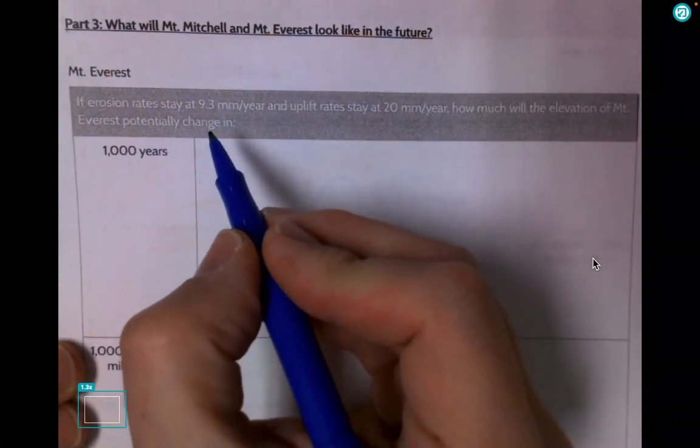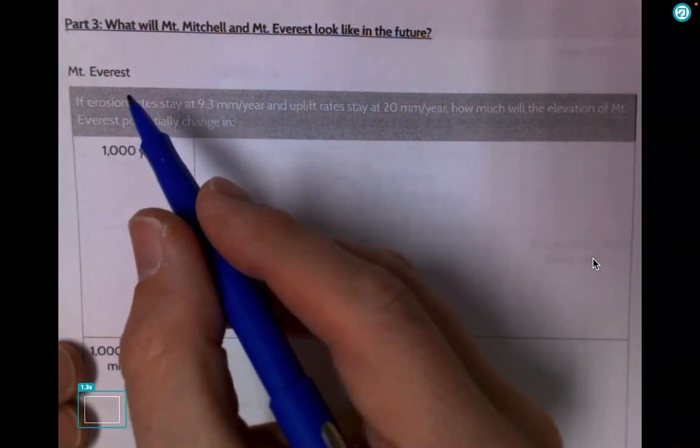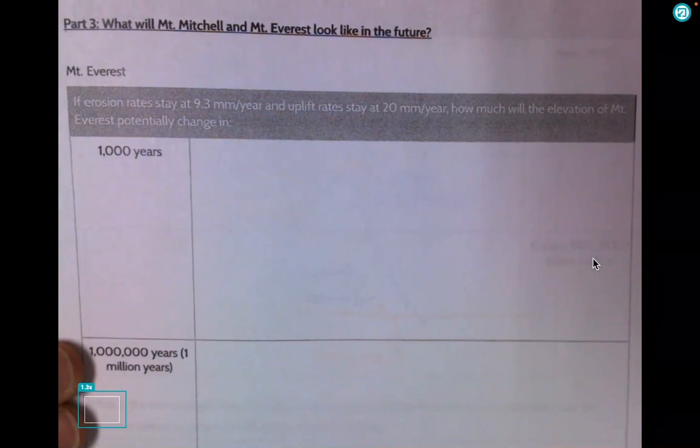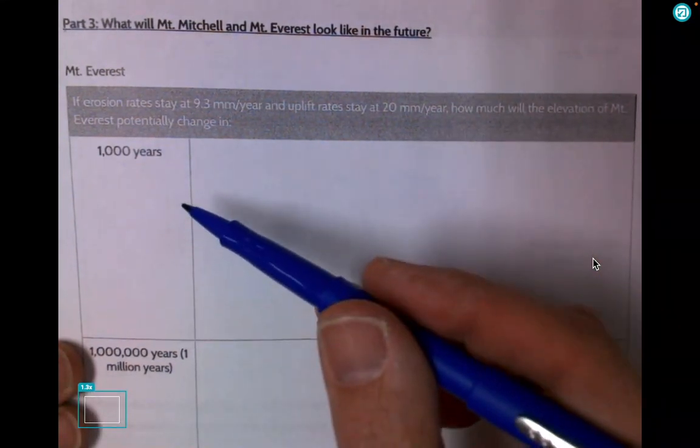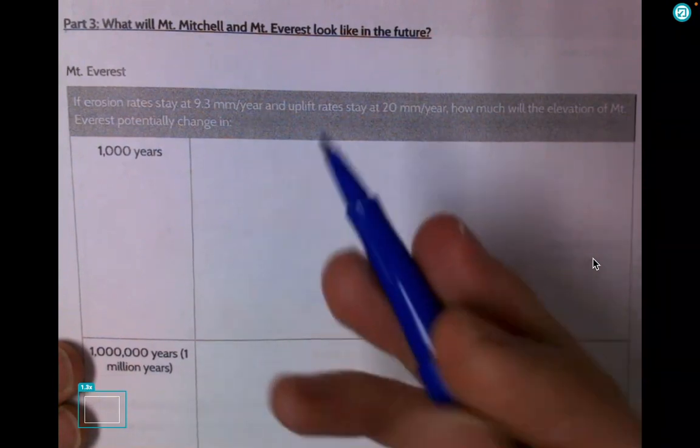We're going to do a little bit of math here. So you can just copy what I've got. There's one more question that you have to do, which is on page 4, but we have to get through a couple things first. So on this one, it says we're going to assume that for Mount Everest, the erosion rate stays at 9.3 and the uplift rate stays at 20 millimeters per year. And how much will the elevation change in 2 different time periods, in 1,000 years and in 1,000,000 years?